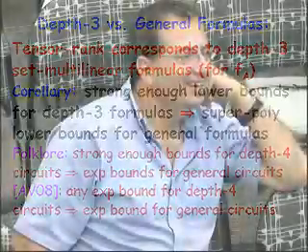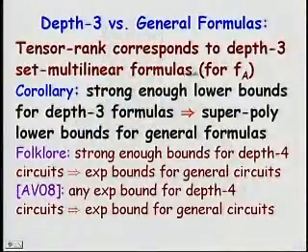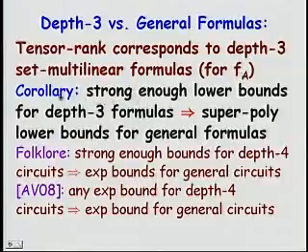Before I do that, I want to highlight one aspect of this result, and this is the point of view of depth 3 versus general arithmetic formulas. Here, when I talk about depth 3 formulas, I talk about formulas with unbounded fan-in for every gate. And it's not hard to see that tensor rank corresponds in some way to depth 3 formulas for the polynomial fa. Actually, set multilinear formulas, but I don't want to get into what set multilinear is exactly.